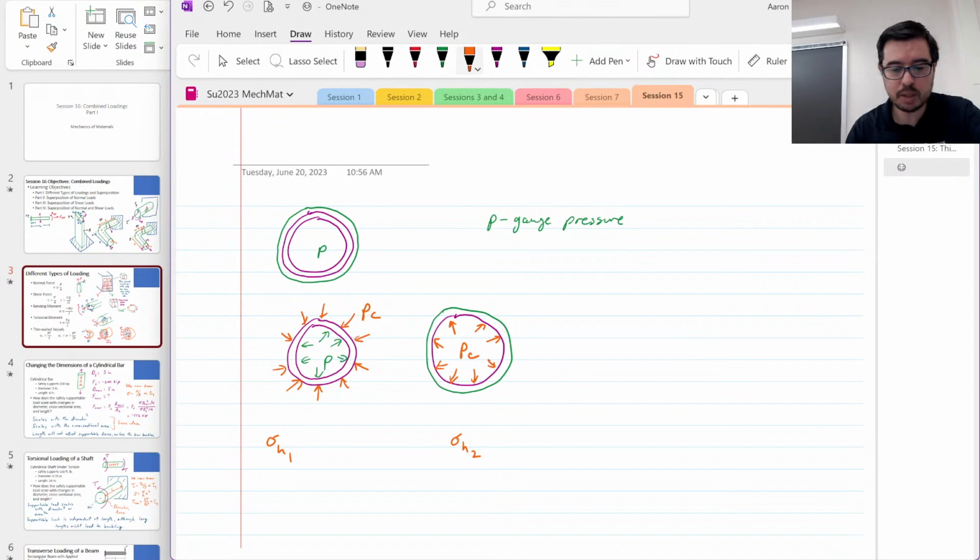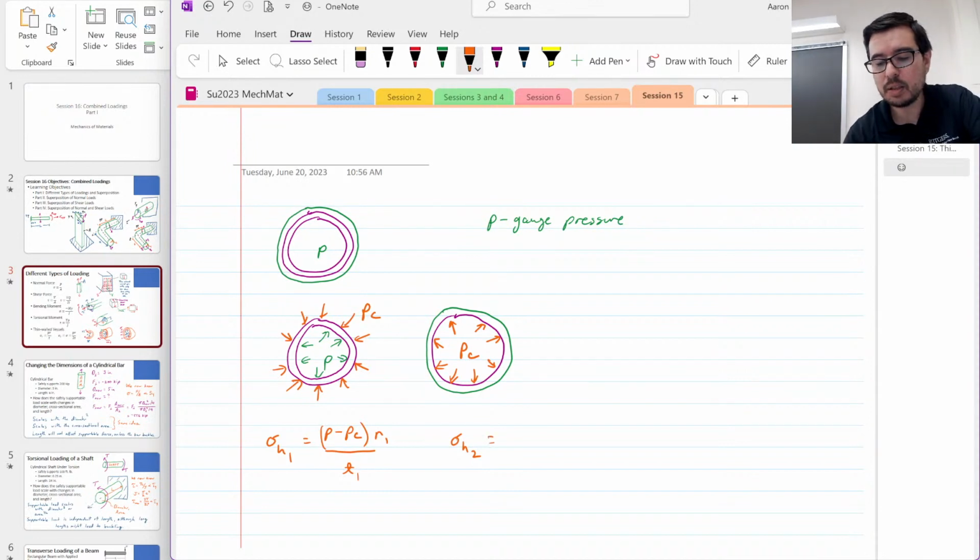All right, so let's do it this way. If we write this out, what do we see? We see that this is going to be P minus PC, times R1 over T1.